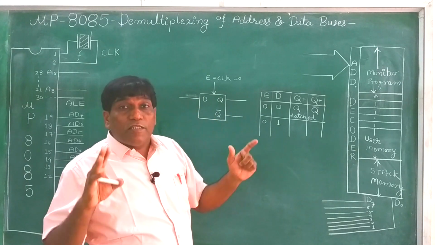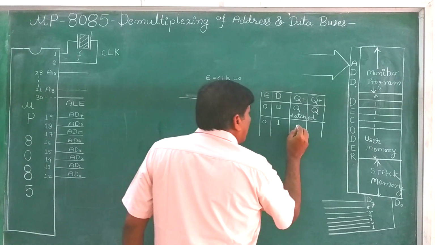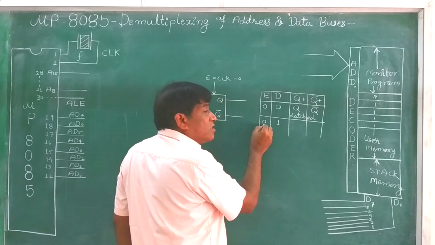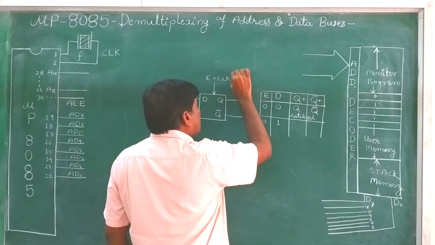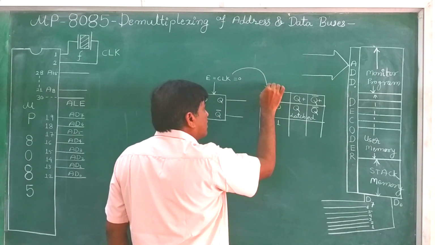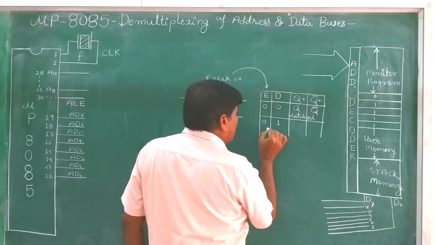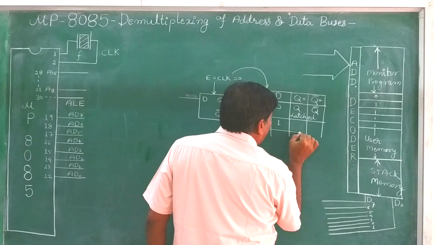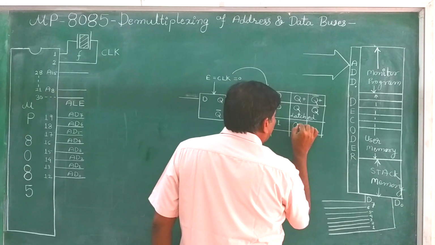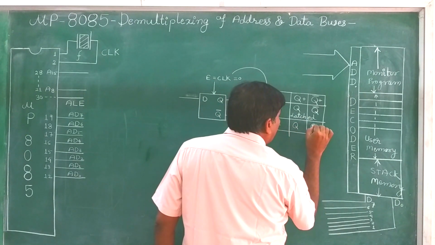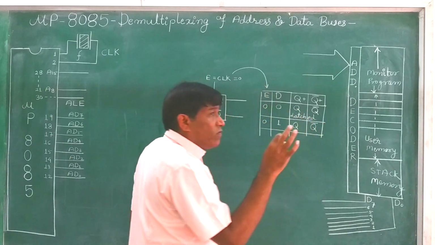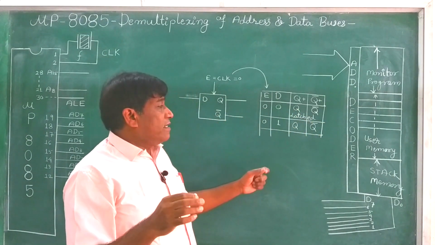It will not change. So again, if the clock enable is 0, whether D is 0 or 1, the signal will be held. It will be the same; whatever the previous value is, it will be maintained.